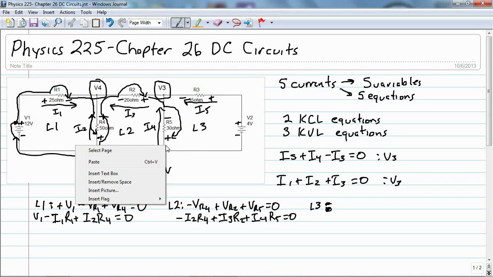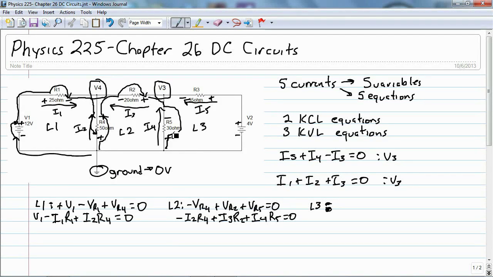I'm going to go up, jump over R5, and I get to the negative sign, negative VR5, go around my loop, and I'm going to jump over R3, get to the plus sign, plus VR3, go around, I get to V2, I'm going to jump over and say minus V2, and that gets me back to my ground, so that's going to be equal to 0.